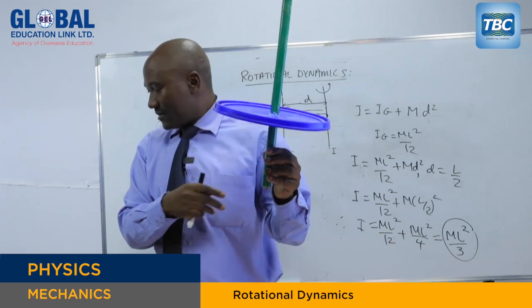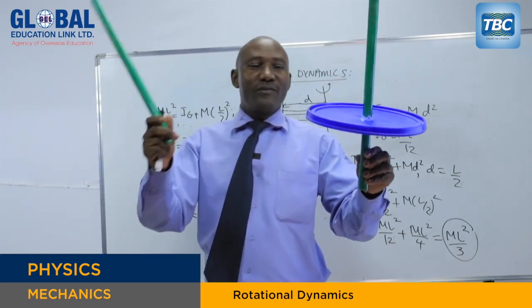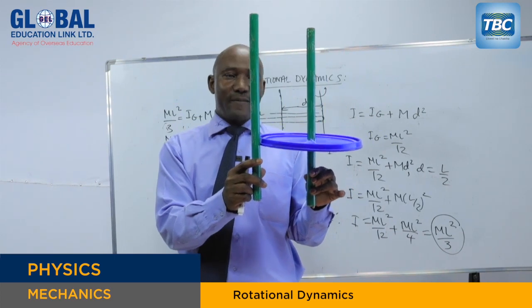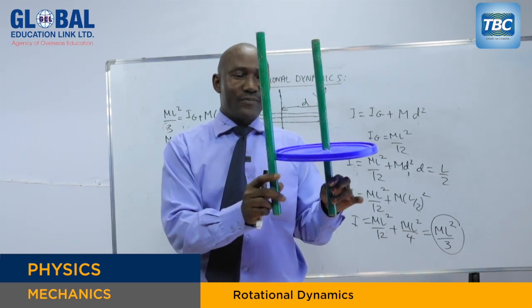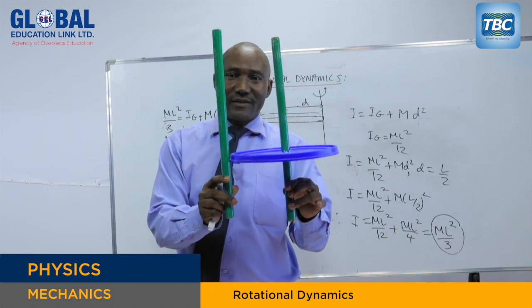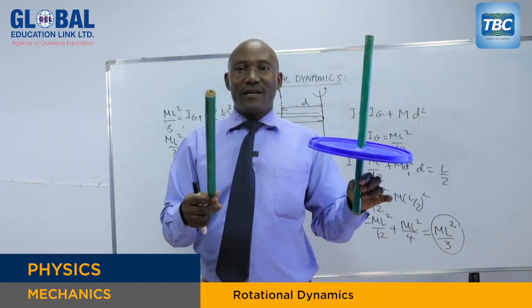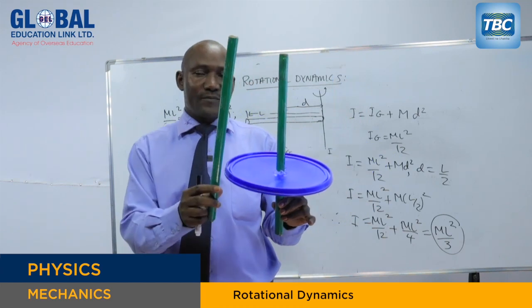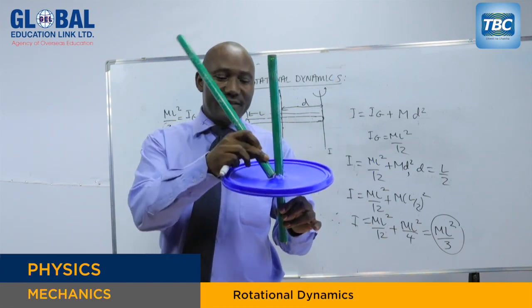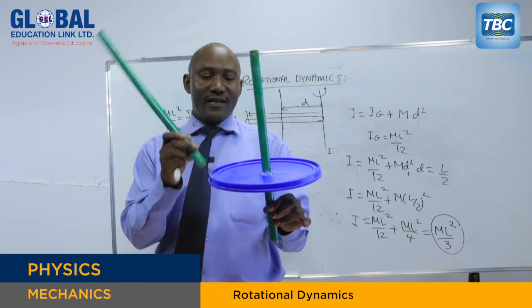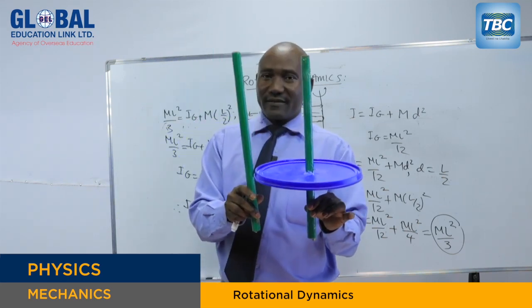We know it. We might be looking for the moment of inertia about another axis, which is passing through its circumference, like this, but parallel. So the formula is the same. You know the moment of inertia about the center, which we did before, is a half ml squared. And then the distance between the two, since this axis is passing through the center, is the radius.